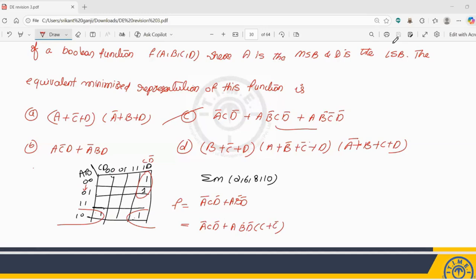Multiplexer, 0100. Okay. A option is also correct.